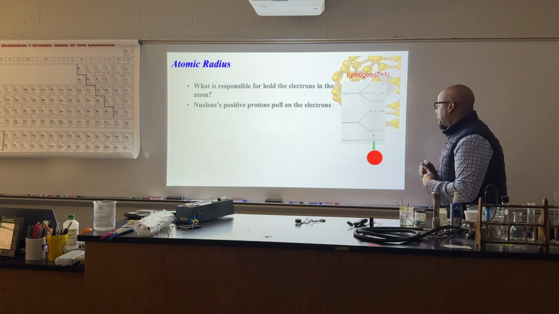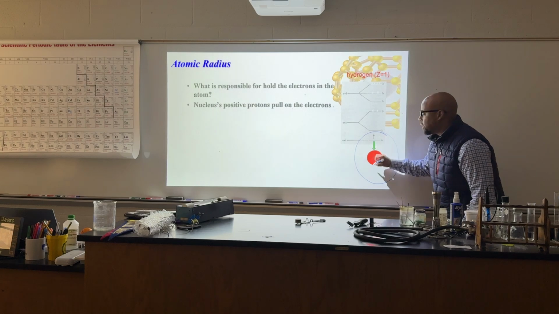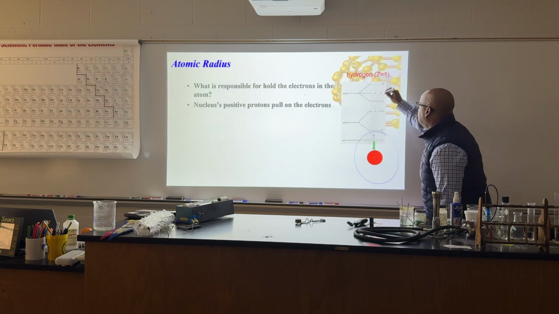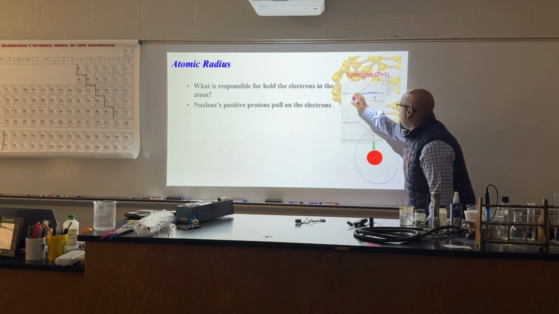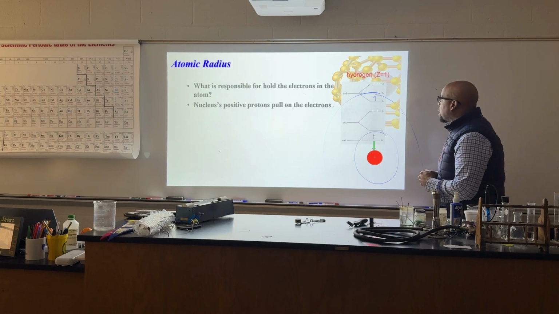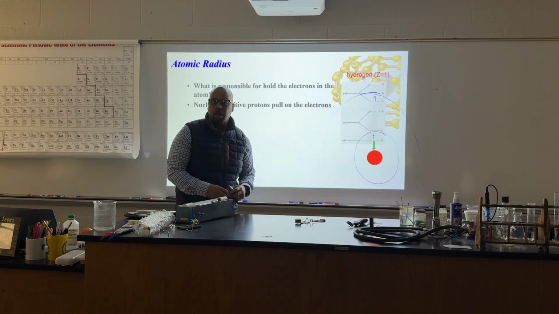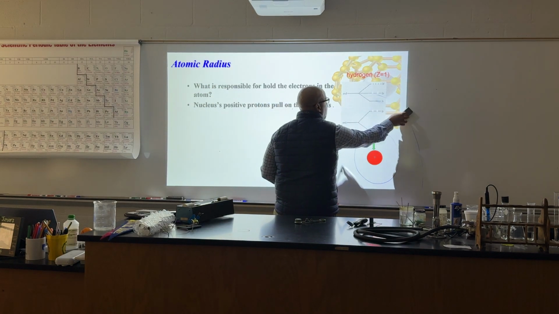For instance, if I had a hydrogen atom, it might look something like this, and we've got the atomic radius here. If some element had a valence electron way out here, the atom would be a lot larger. So when we talk about the actual size of the atom, we're really looking at where that last electron is located, because that dictates the relative size.